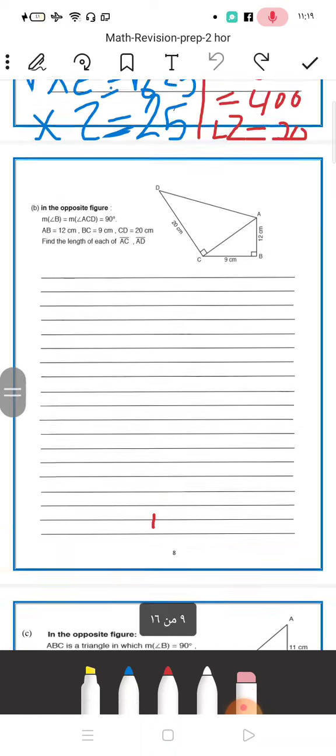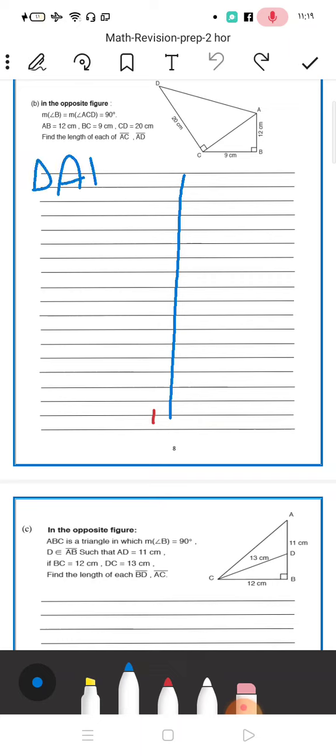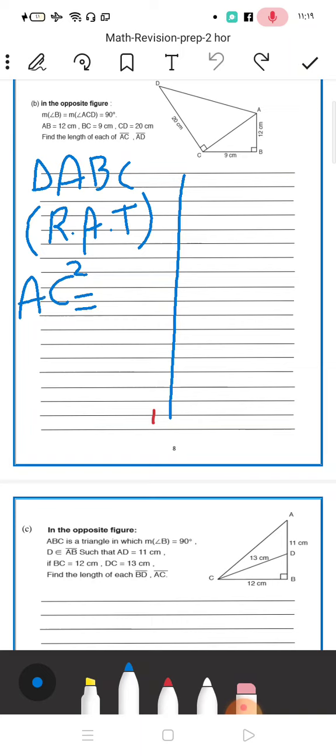Okay, so here also we have two triangles. Triangle ABC. This triangle is a right angle triangle. So the length of the missing side, which is AC, which is the greatest side in the triangle, equals what? AC to the power 2 equals 12 to the power 2 plus 9 to the power 2. It will be equal to 144 plus 81.